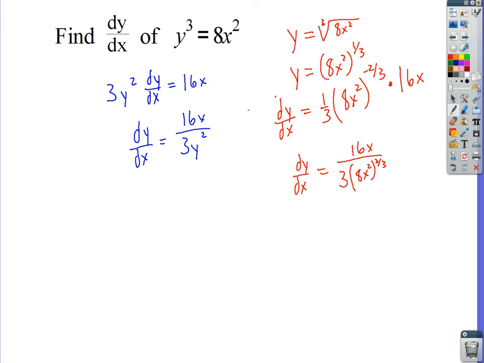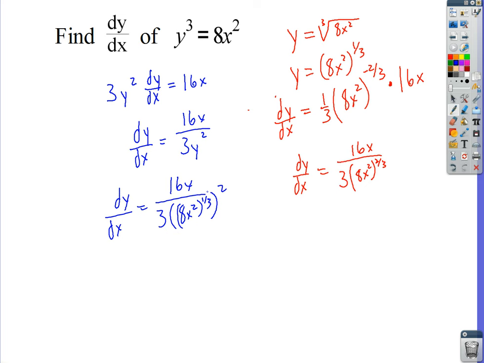But I want to show you that the two are equal. So what is y? Well, we found y over here, so let's just plug that in. dy/dx is equal to 16x over 3 times y, and y came out to be 8x squared to the 1/3, all of that squared.